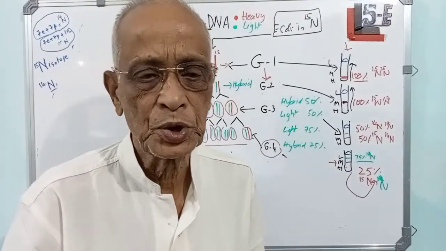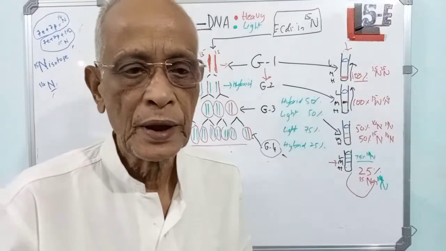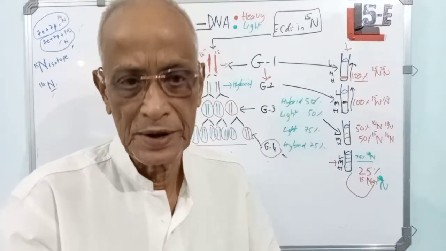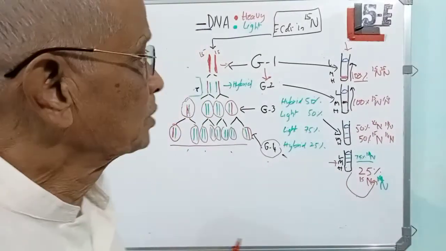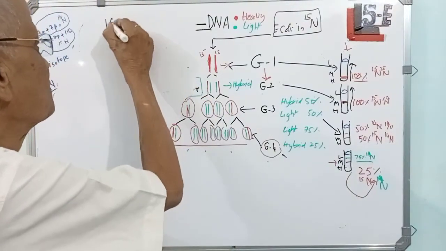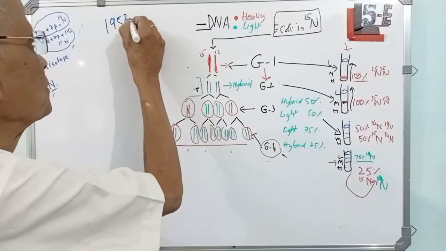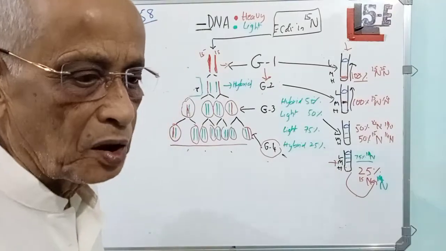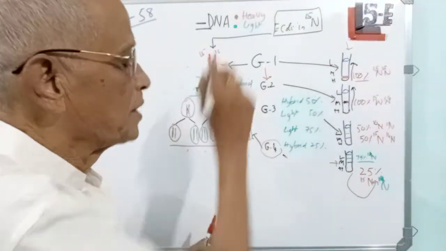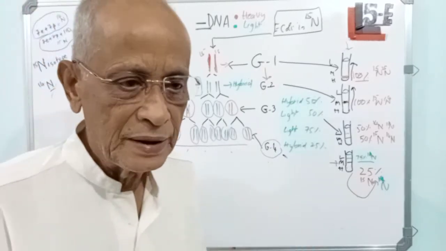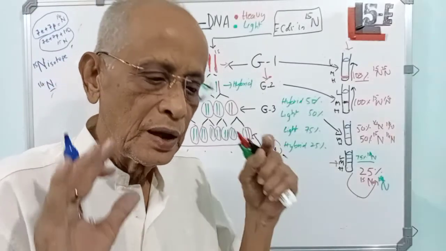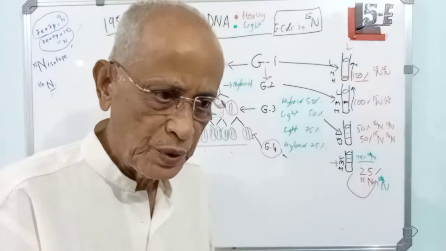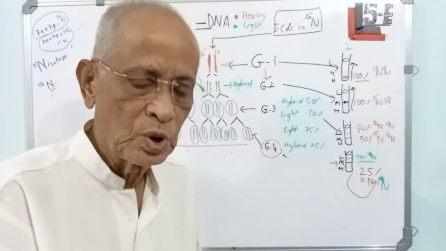We are continuing to discuss the molecular basis of inheritance. Around 1953 to 58, people already knew that DNA is the genetic material that transfers from one organism to another organism.